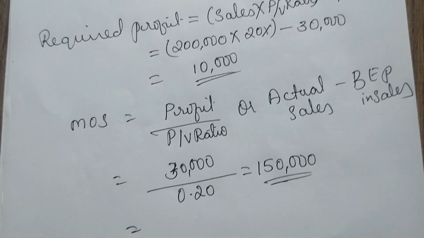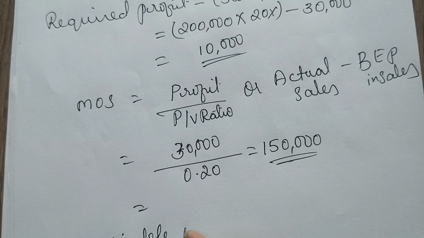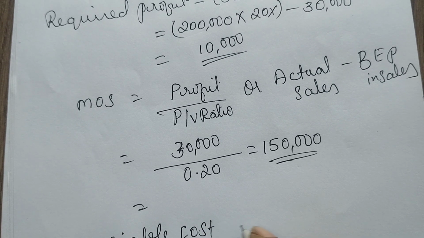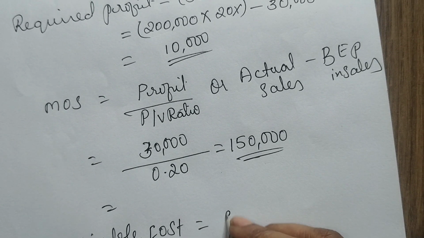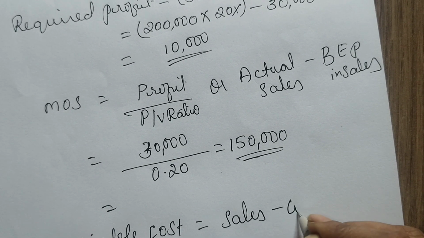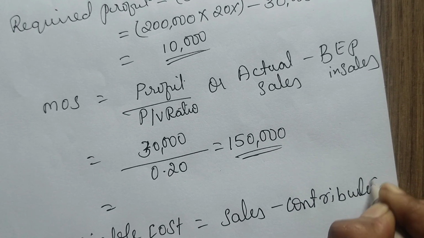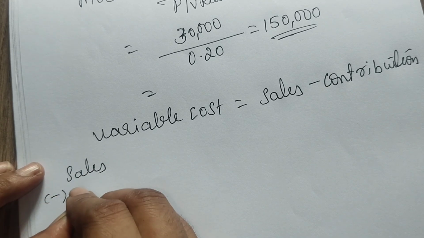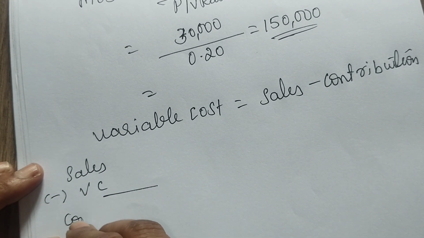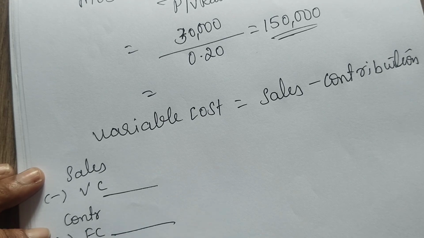Then finally we have to find out the variable cost. What is the formula? Sales minus contribution. See, always remember this format: sales less variable cost is contribution, contribution less fixed cost is profit.